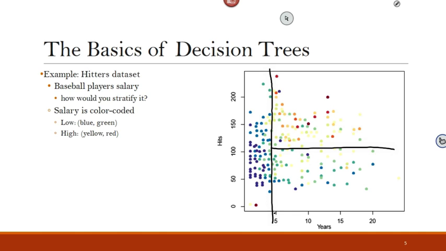But if it's higher than 5, then we need to look at the number of heads. And that's the second rule: if the number of heads in this new region is more than 110 maybe, then the salary is high. Else, the salary is considered in this case low.